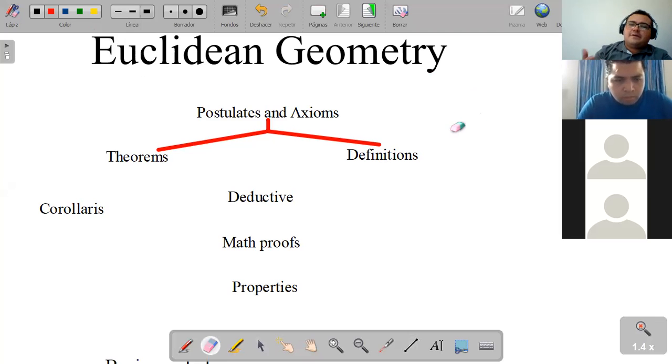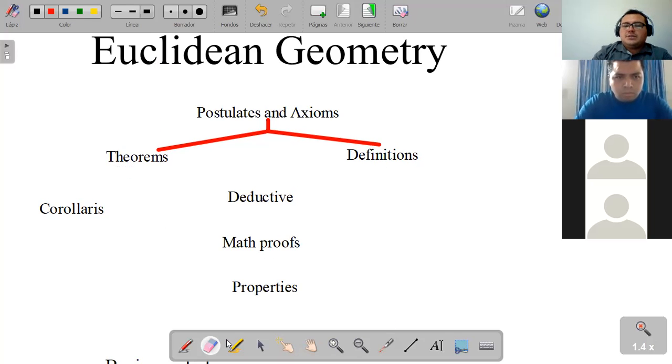Now, there are 5 basic postulates that Euclid works on. Honestly, I'm just gonna focus on 1 or 2 to show you the main idea of why at the end in geometry you think about lines, shapes, angles, okay? Because it's like the main idea.